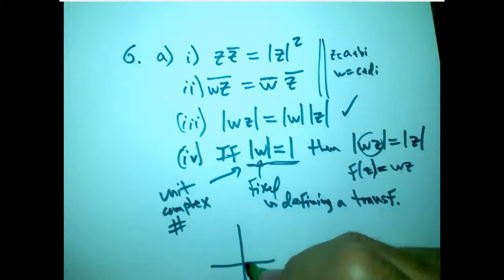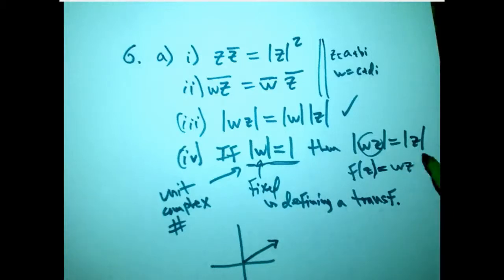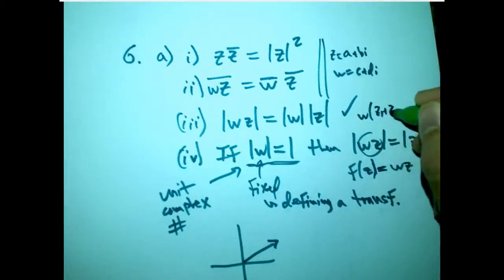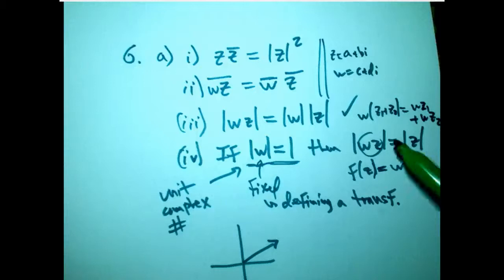So it's going to be some transformation, and we know it's a transformation that respects addition because of the distributive law. So w times z1 plus z2 equals wz1 plus wz2. It's some transformation that respects addition and scaling and doesn't change lengths.